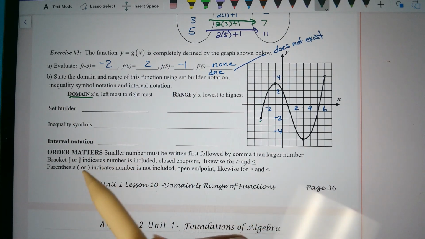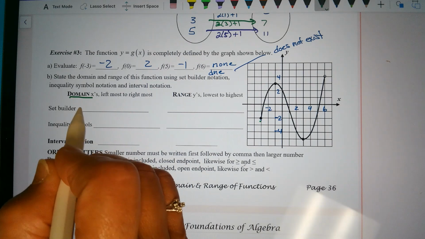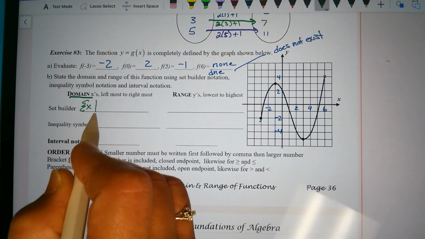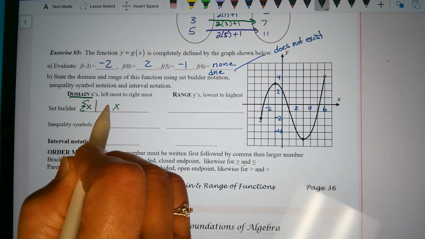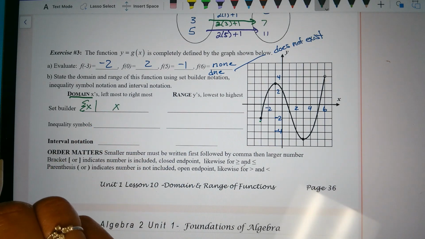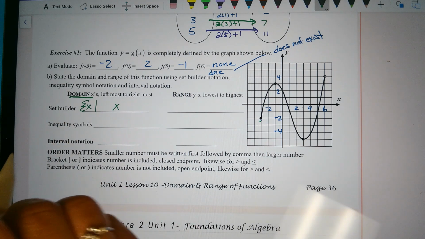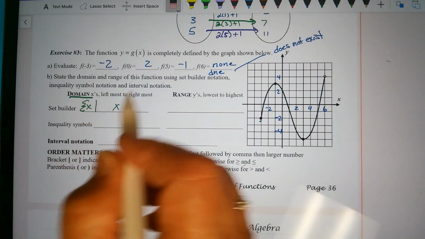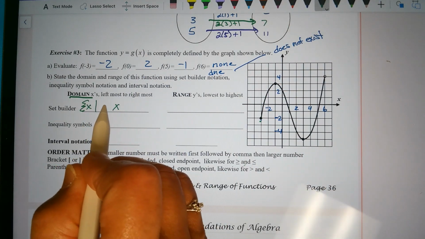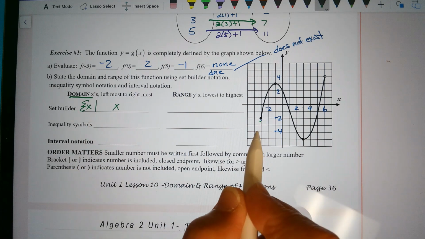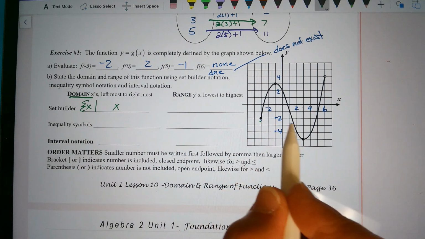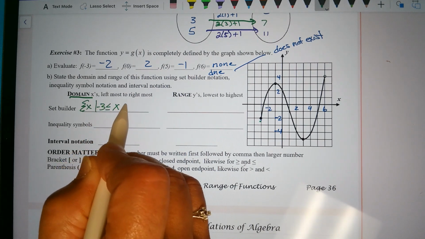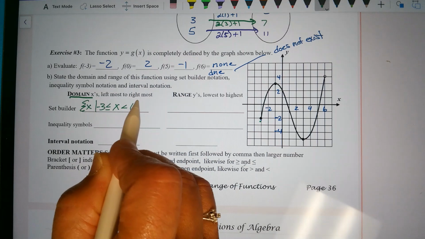So set builder notation is the set of all x's such that x is, there's also inequality notation as well, x is greater than or equal to negative 3, but less than 6.